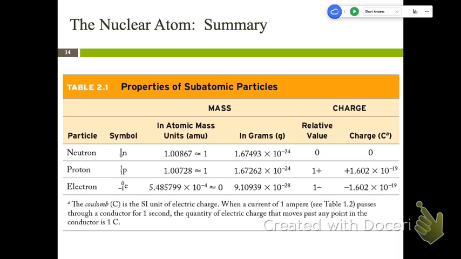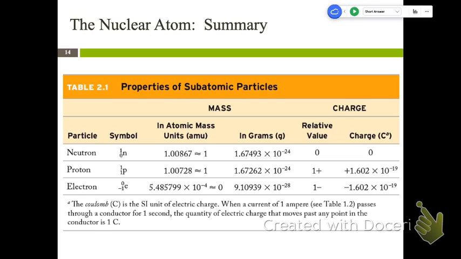How much it weighs in this new mass unit that we're going to be talking about in class on Tuesday or Wednesday, or in grams. Right? We can convert between different masses. But here's the really critical part. The relative mass, or charge, +1, -1 that we just talked about. And that relates over here.